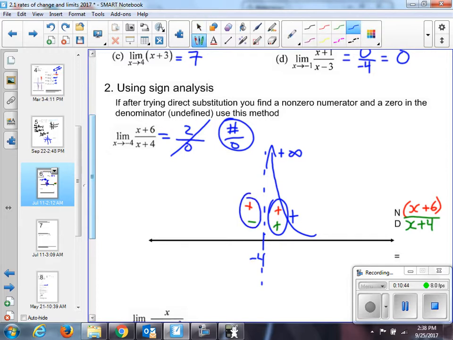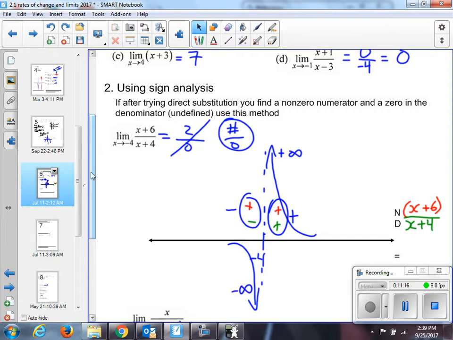Overall, this side, and test it out if you don't know, like actually plug in negative 4.1, if you're not into dreaming this up. Positive over negative, it's going to be negative. That means it's going to be dropping to negative infinity on the other side. So, I'm not graphing it really, I'm just showing that one section near negative 4, what's happening.